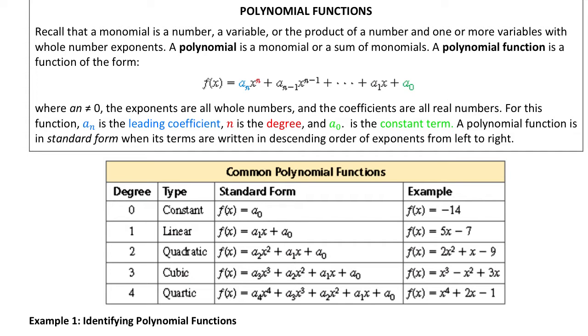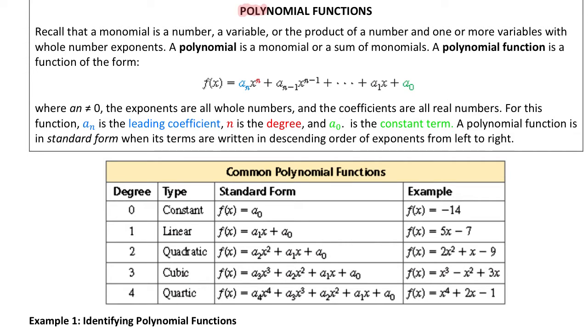Now, mostly in this lesson, we're going to talk about defining polynomial functions. So the thing I want you to do is break down this language. Polynomial: poly is a prefix that means many. Nomial comes from number. So polynomial, translation, means many numbers or many terms.